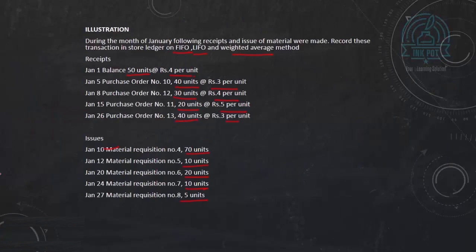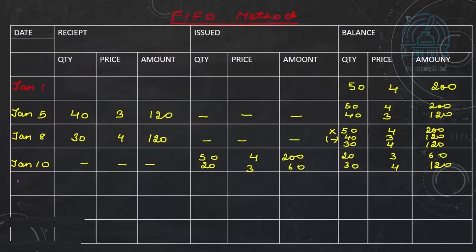Now next transaction, Jan 12, 10 units issued. Jan 12, nothing received. So we have issued 10 units.